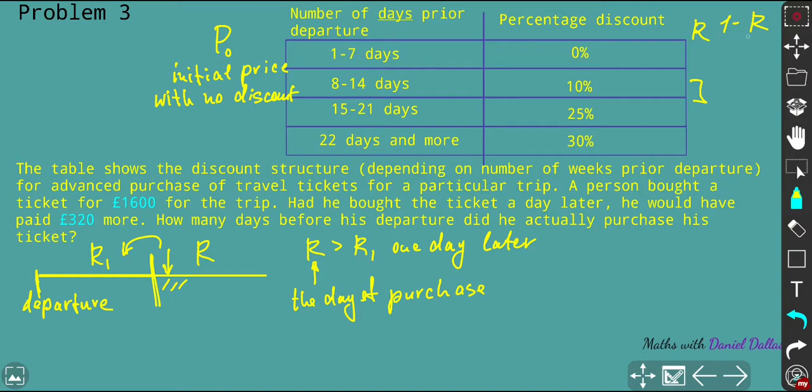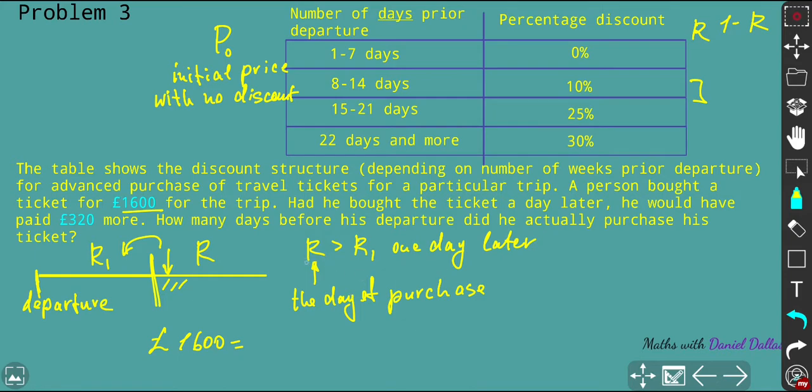Why? Because I will set up the following equation. We have the amount he paid for the trip. It's going to be £1,600, and that's for the discount he actually had at the day of purchase.